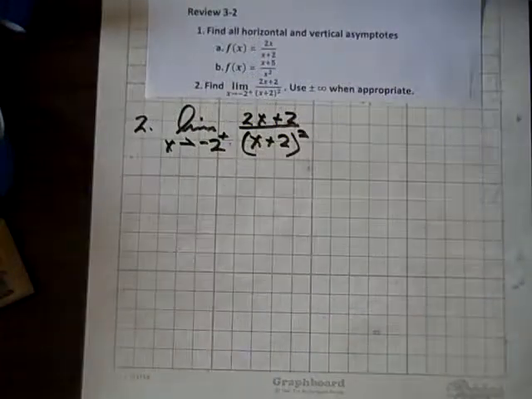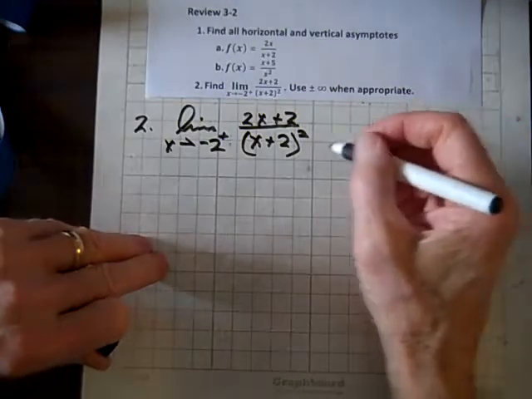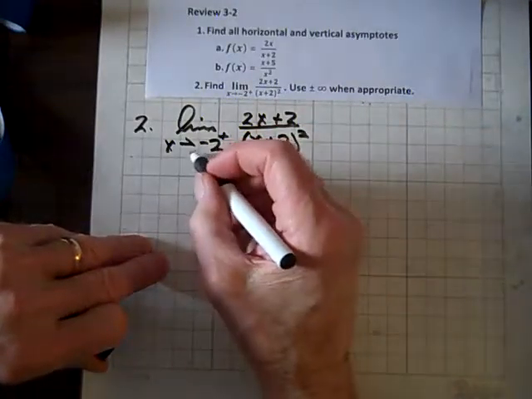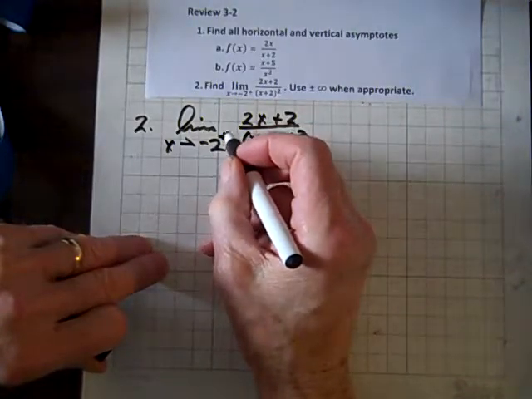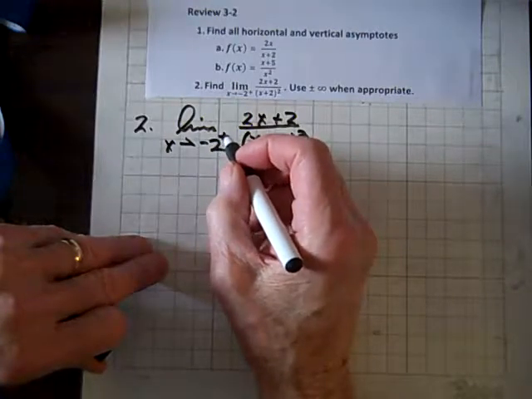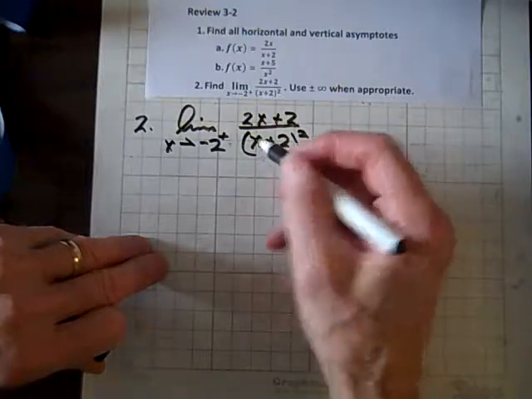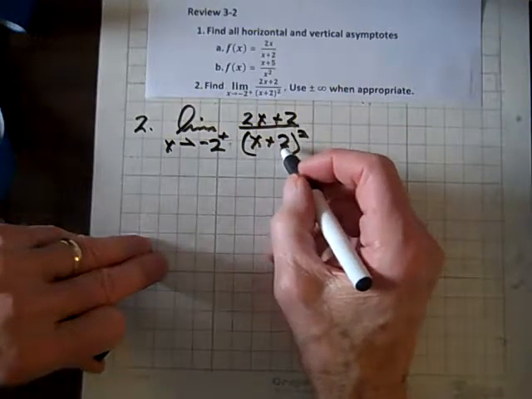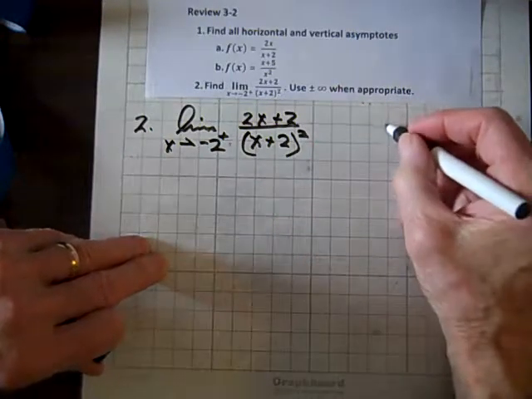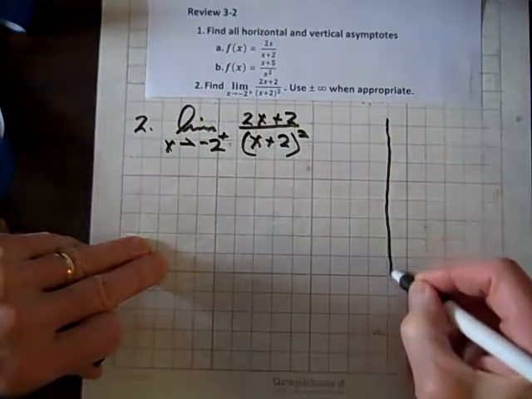Well, now for question 2. And we have to find the limit as x goes to -2 from above of the quotient 2x plus 2 over the quantity x plus 2 squared. So let's do a little brief graph of that.